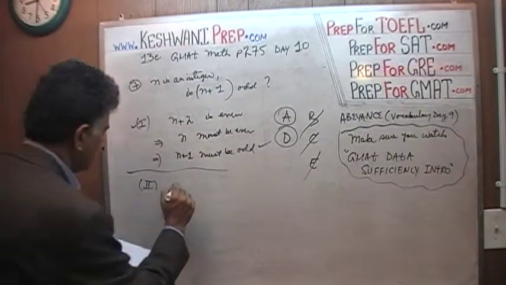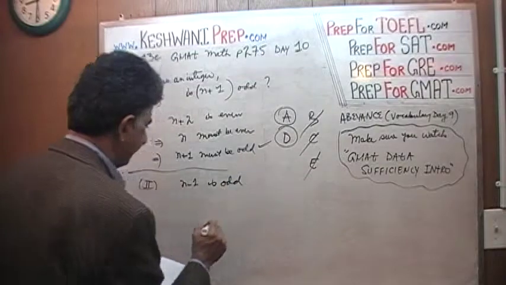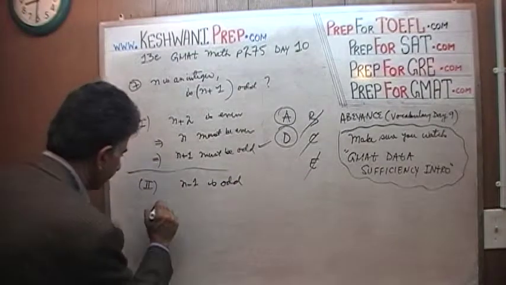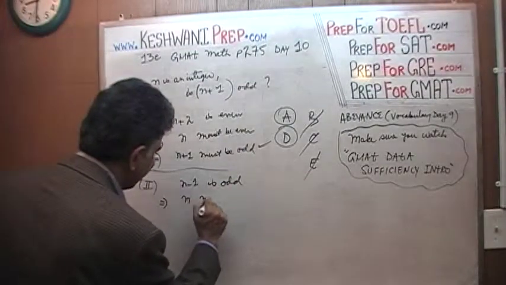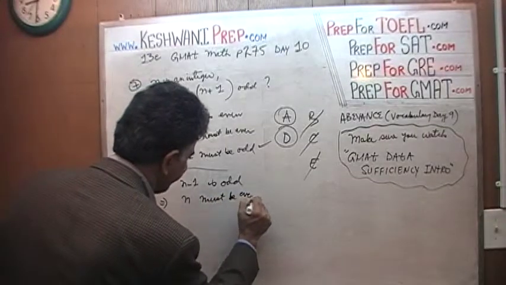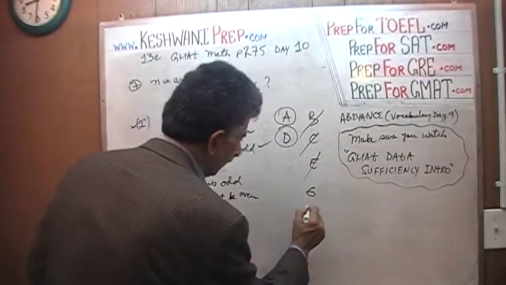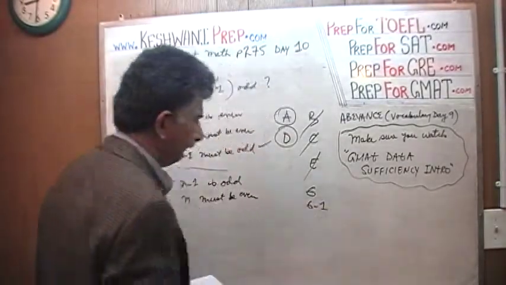The second statement tells us that n minus 1 is odd. Again, the same logic. If n minus 1 is odd, that implies that n must be even. N must be even, because you see, here's your n, which is even, and therefore n minus 1 is odd.